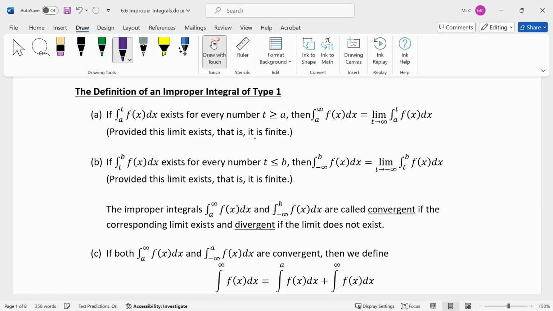In other words, the limit is finite. So what we're saying is, when I write the integral from a to infinity, what I mean is take the limit as t goes to infinity of the integral from a to t. This is just a shorthand.